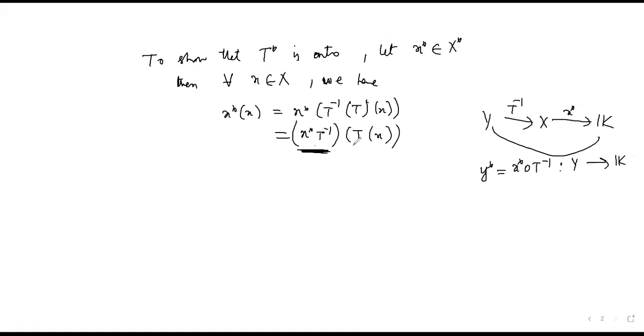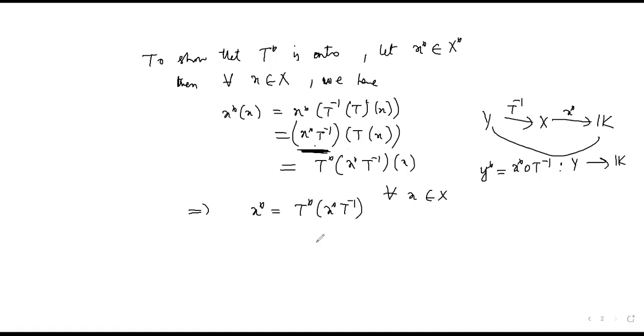So I can think of it as y star at Tx, but that would be T star at y star, and T star at x star T inverse applied to x, right? For all x belonging to X, which implies that x star is equal to T star at x star T inverse, where x star T inverse belongs to Y star, which implies that T star from Y star to X star is an onto map.